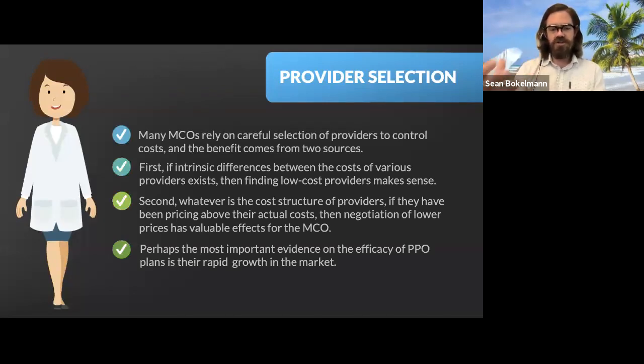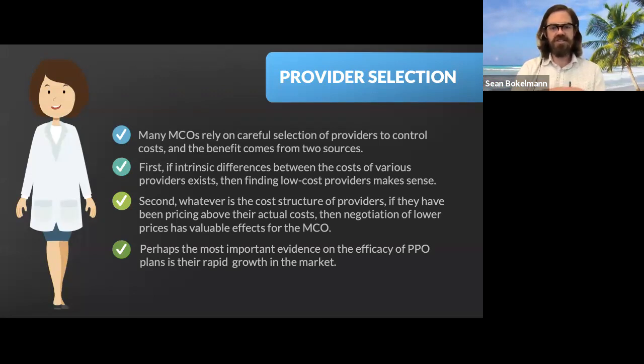A huge part of the MCO model is careful selection of providers that are low-cost providers, right? And this cost savings can come from two sources. The first is that if there are intrinsic differences between the costs of various providers, then the plan simply seeks to find those that are low cost, right?